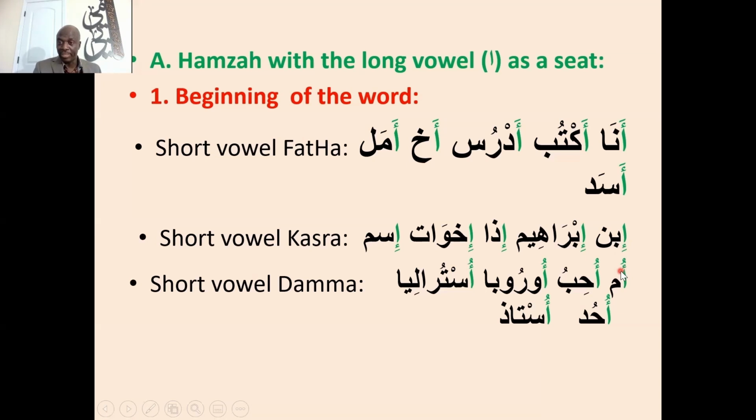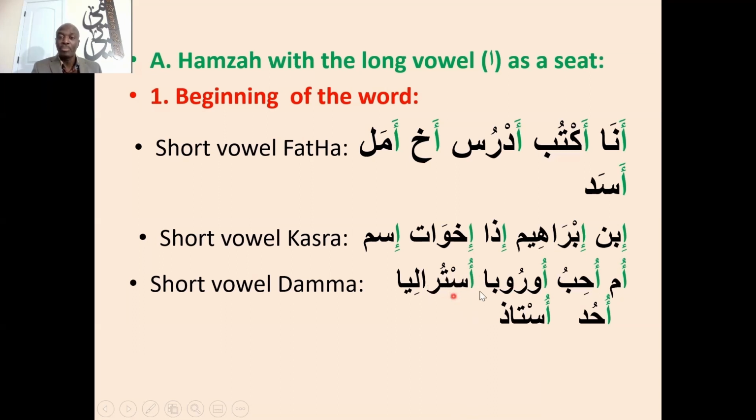We place everything underneath the alif, here above or on top of the alif. Mother. Uhibbu, I like or I love. Also because the hamza has the dhamma, that's why we place the hamza and then we put the dhamma. Uruba is Europe.